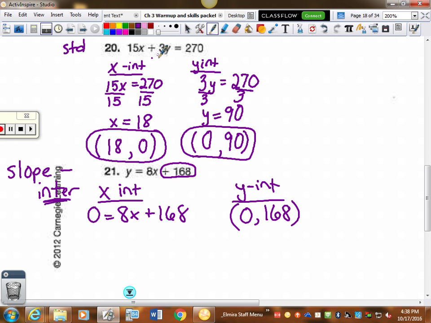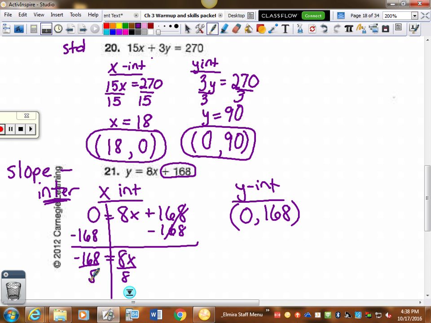Okay. Well, what's left is a basic two-step equation. It's kind of weird that it has a 0 in it. We're not used to using 0 too often, but I can still solve it the same way. Minus 168 on both sides. 8x equals negative 168. Divide both sides by 8.